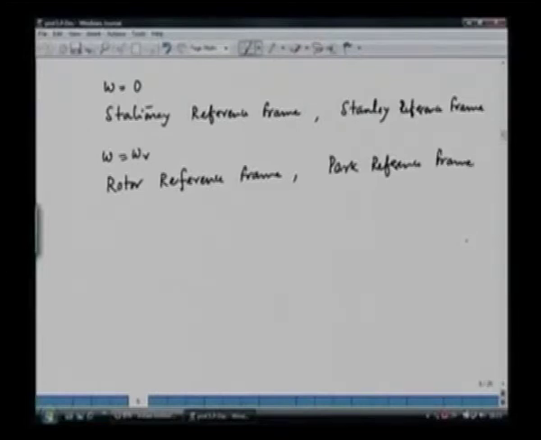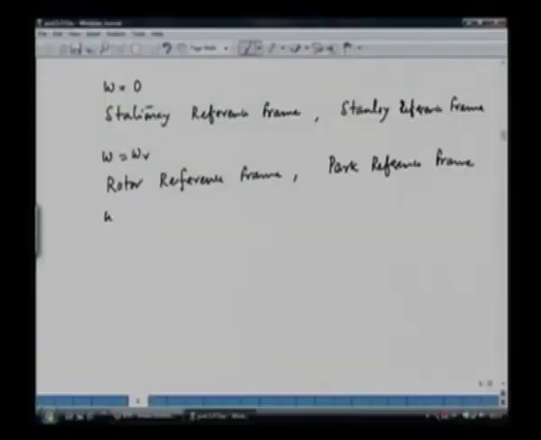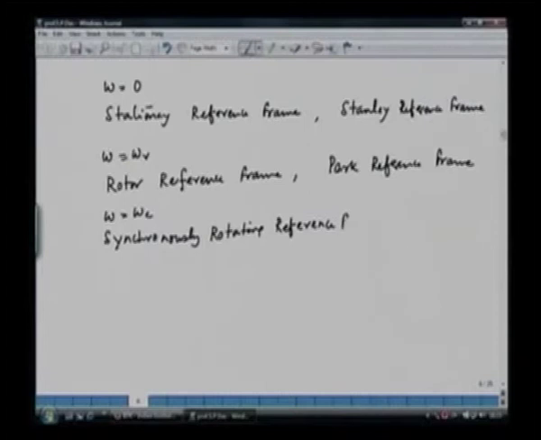Now when omega equal to omega e, omega e is the synchronous speed, we call the reference frame to be synchronously rotating reference frame or synchronous reference frame. So when omega equal to omega e, we call this to be synchronously rotating reference frame, or in brief we can call this to be a synchronous reference frame.